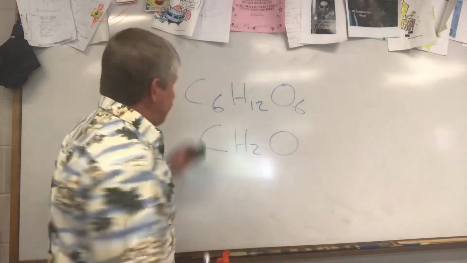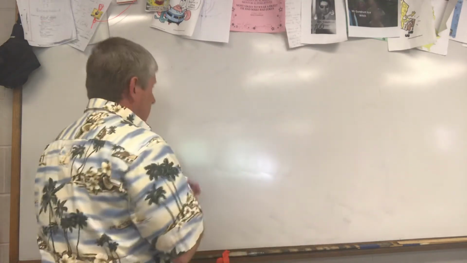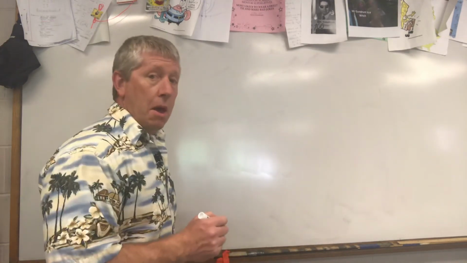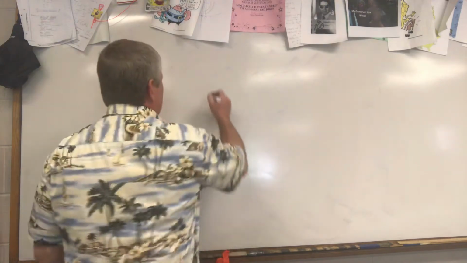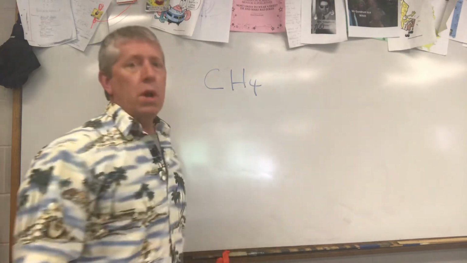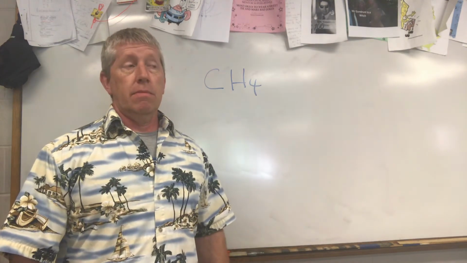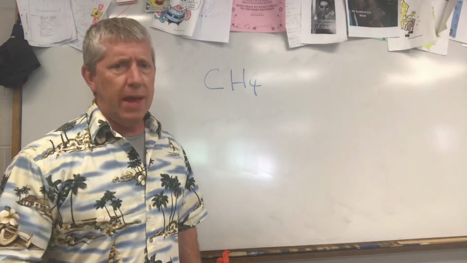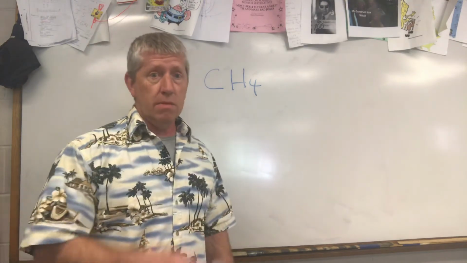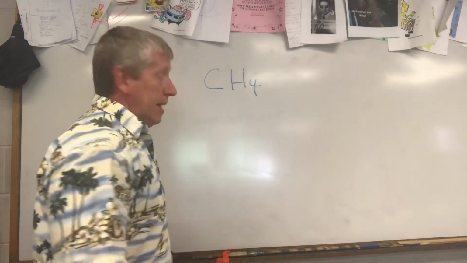One more example here. What are the empirical and molecular formulas for methane? Billy. Billy's always the angsty one, but he's in a good mood today. Okay, so it's good. Billy. The empirical formula is the same as the molecular formula.